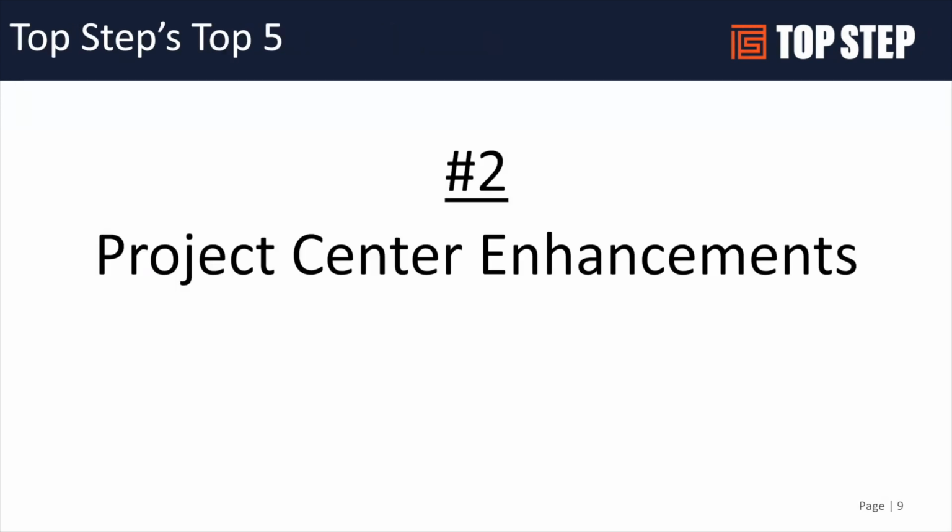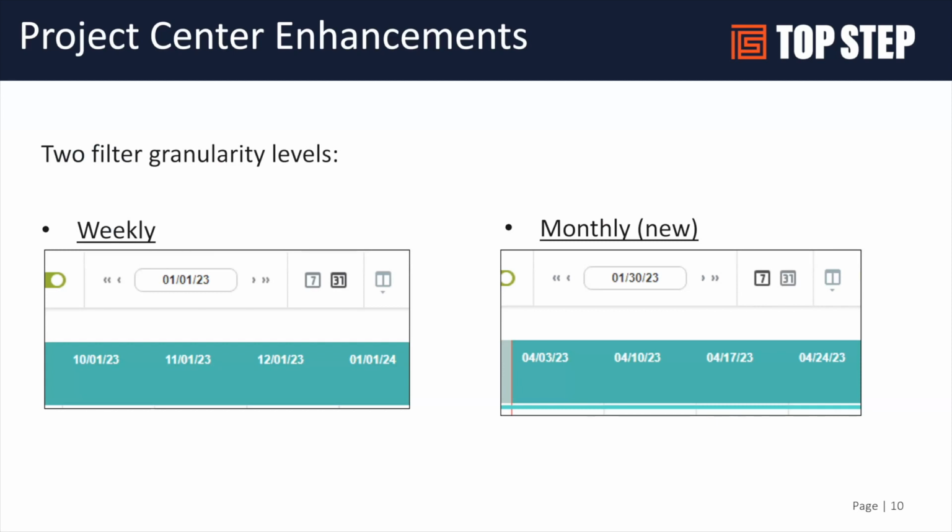Project Center enhancements. We're seeing a lot of investment by OpenAir in this Project Center feature, and this release was primarily based around Project Center enhancements. So we'll try to highlight those. The biggest one for me and my clients is the ability to look at this either on a weekly or a monthly basis.